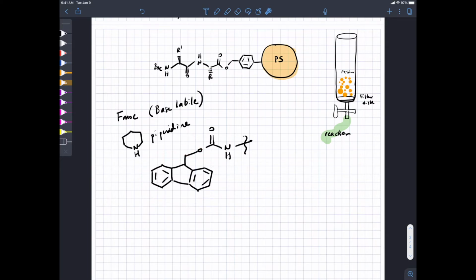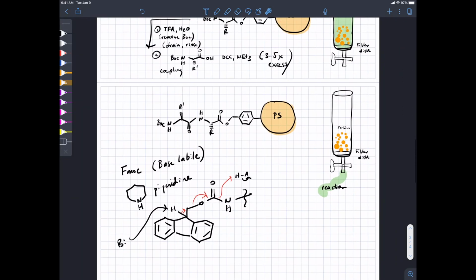Here, it's this large aromatic thing, and the way the deprotection works is piperidine, the base, removes this proton, then electrons kick down here to make a double bond, and then CO2 leaves, and then the amino group will pick up a proton from some source. So the deprotection is very much like BOC, only you need a base to do it. And so the FMOC chemistry is way more accessible, and people use it all the time now.